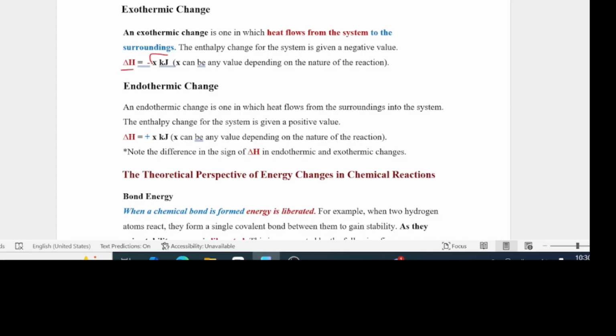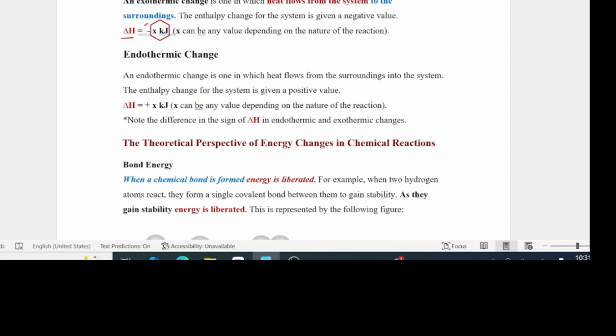We don't know what it is, depending on what the reaction is, what the change is. That amount of energy will be produced, but you're going to see this negative sign in front of that. So anytime you see this delta H with a certain value and a negative sign, note that it is representative of an exothermic change.